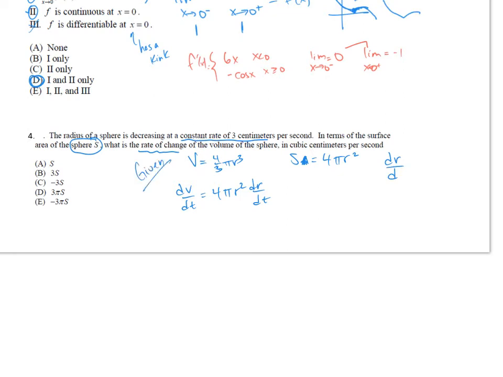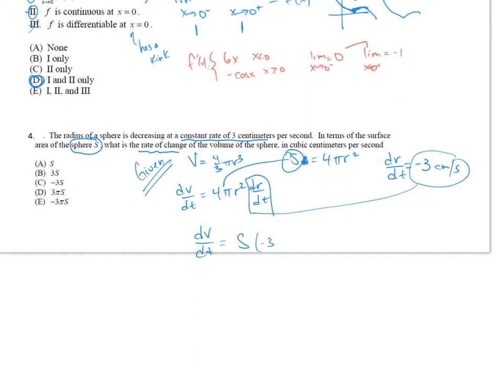This is every single thing I know. dr/dt is going to be negative 3 centimeters per second. All right, well, let's see. This can go straight into here, because they say in terms of the surface area. That's my 4 pi r squared. So that means dV/dt is going to be S times my negative 3. So negative 3S would leave me with C as my answer on that one.